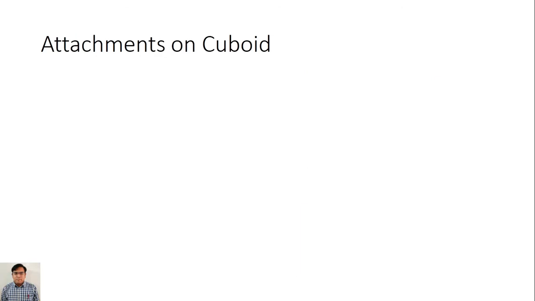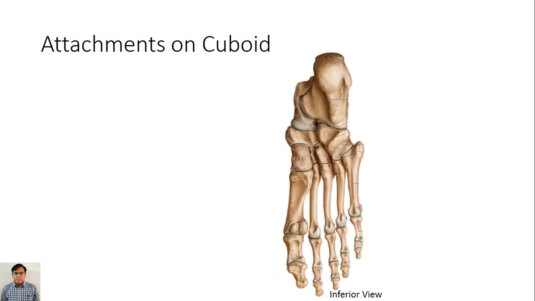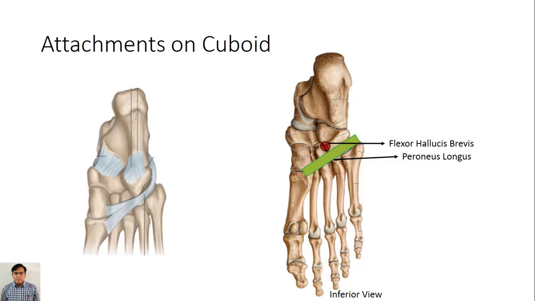Now, the attachments on the cuboid, in the inferior view. There is attachment of flexor hallucis brevis, and just anterior to this there is a groove which lodges the tendon of peroneus longus, as shown in this photograph.